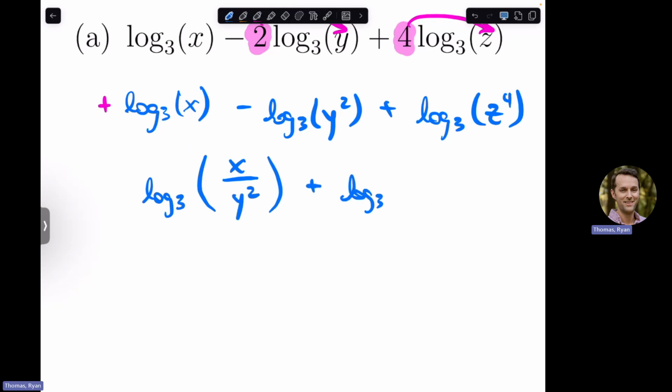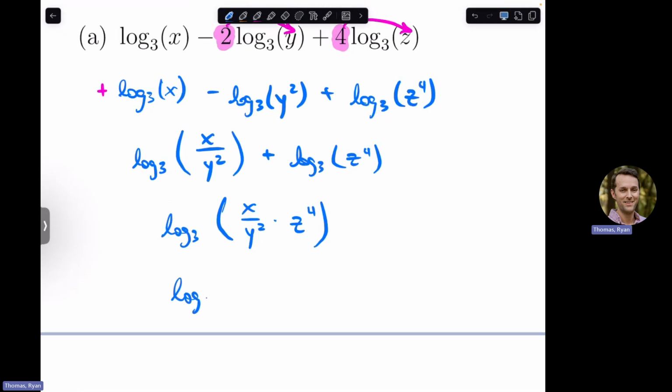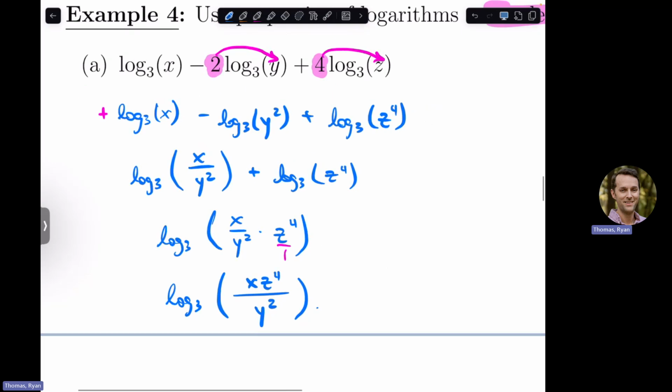Plus, well, now we've got addition, and the way you handle addition with logs is that you multiply. But then since we're multiplying a fraction by a whole number basically, treat this like z to the fourth over 1 if you want. It ends up moving into the numerator. When we clean things up, this part's just making it look nicer. Okay, does that help? Yeah, okay, cool.